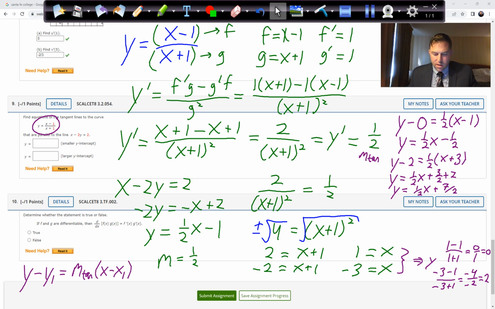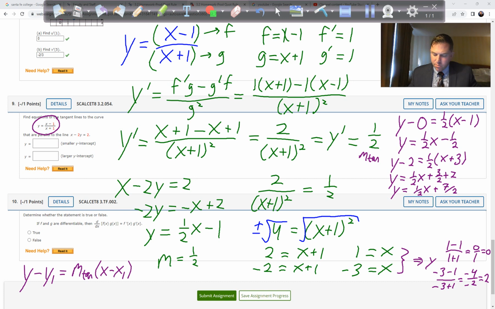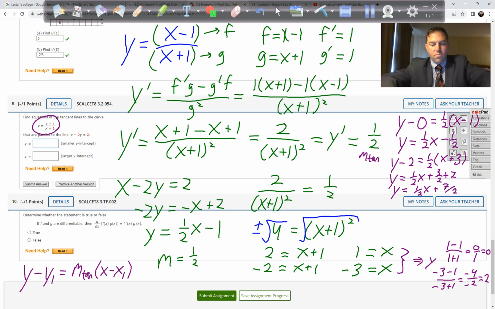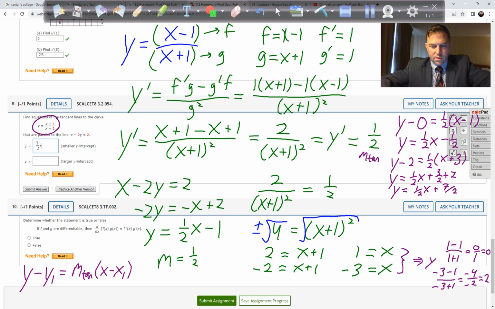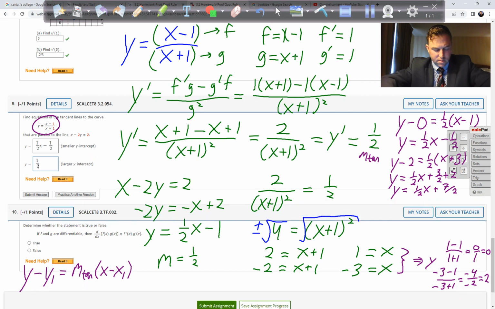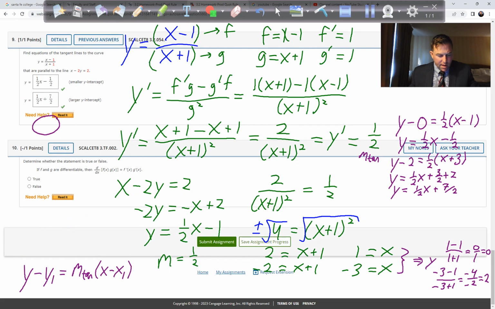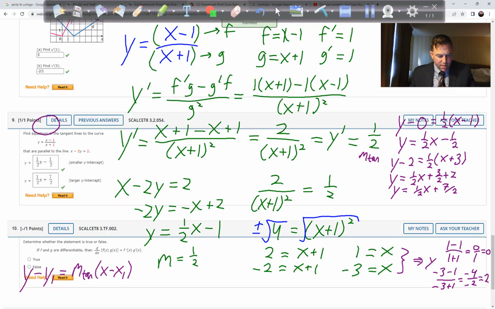That's correct. Okay, so the smaller y-intercept is minus 1/2, so this would be 1/2 x minus 1/2. Then this one's going to be 1/2 x plus 7 over 2. So they have the same slope, and they have different y-intercept values.